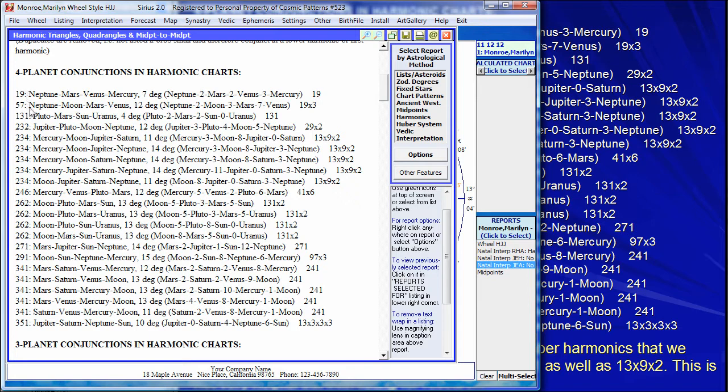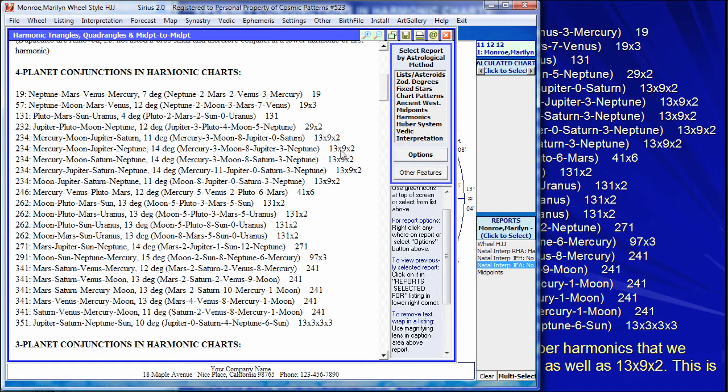So we'll see here 19 emphasized. Here's 19 with the Neptune, Mars, Venus, Mercury, and it spreads only 7 degrees. So we can look through here, we'll see different patterns emphasized, and we can use this to analyze.